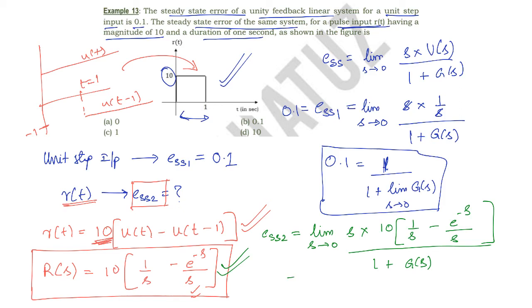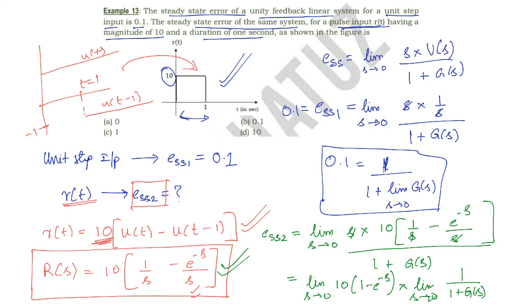The s will get cancelled, and this can be written as limit s tends to 0 of 10 into 1 minus e to the power minus s, into limit s tends to 0 of 1 by 1 plus G of s. So we can separate like this.